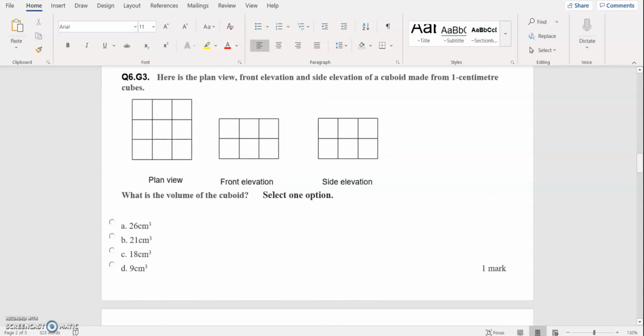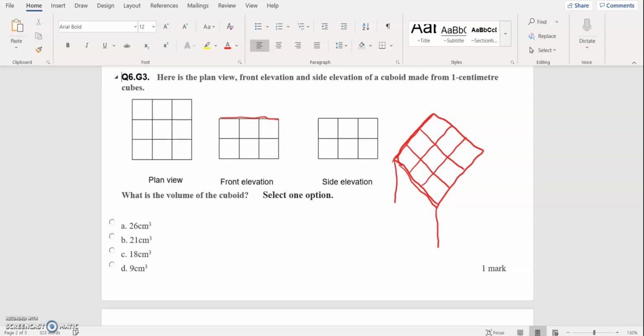Now we have, here is the plan view, front elevation and side elevation of a cuboid made from 1 centimeter cubes. So if I am to draw the shape, how it looks like as 3D, we'd have approximately, this is not a perfect drawing of it, so we have the plan view, so the shape at the top, which is 3 by 3. Then we have a front elevation, which is 3 at the top, and then going 2 down.